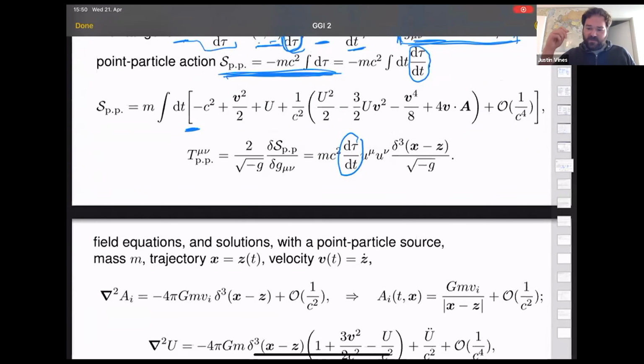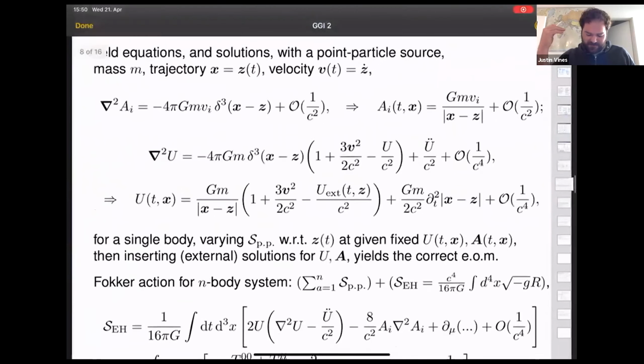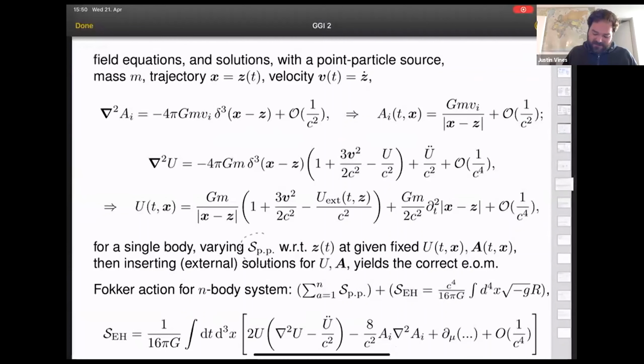And so you will get the correct equations of motion for these world lines if you vary that point particle action with respect to the world line at given fixed fields.